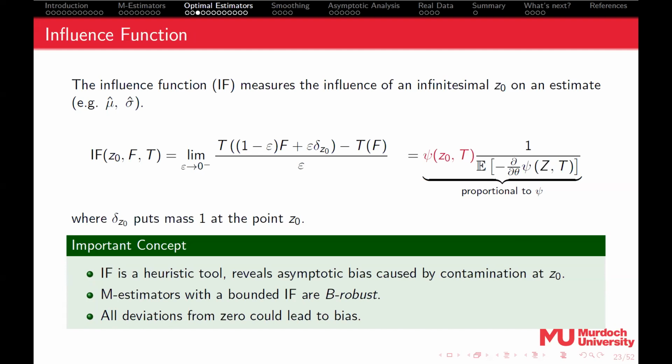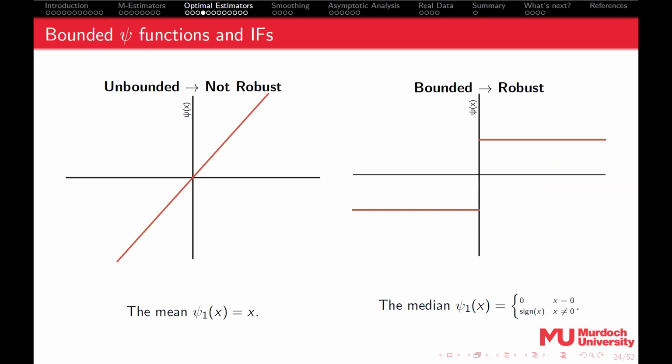Importantly, if we have a bounded psi function or influence function, we have a robust estimator. So we looked at the mean before, which is not bounded, therefore it's not robust. Median is bounded, asymptotes, and therefore is robust.